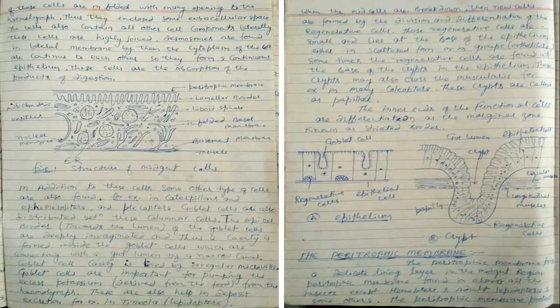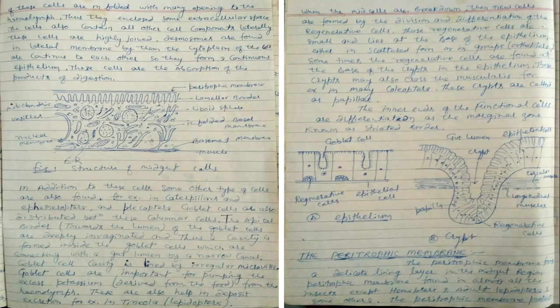In addition to these cells, some other types of cells are also found. For example, in caterpillars, Ephemeroptera and Plecoptera, goblet cells are also distributed between these columnar cells. The apical border towards the lumen of the goblet cells is deeply invaginated, and thus a cavity is formed inside the goblet cell, which connects with the gut lumen by a narrow canal.